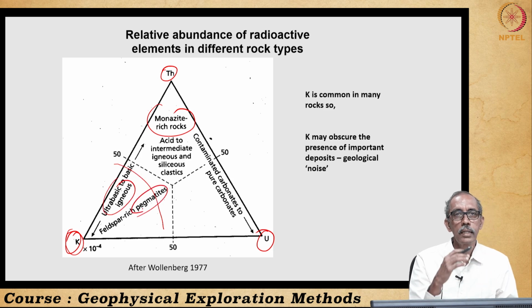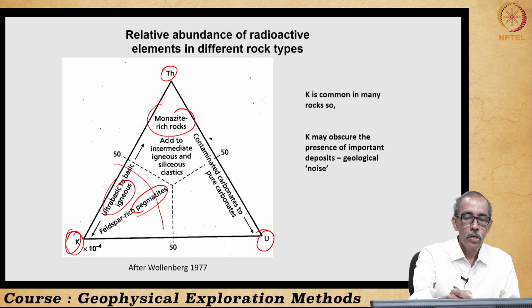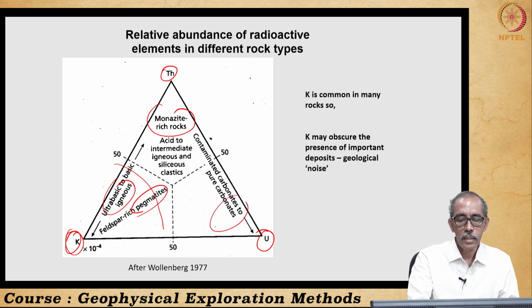So, most of the igneous rocks consist of potassium, whereas monazite rocks are rich in thorium and some carbonates are rich in uranium, right.